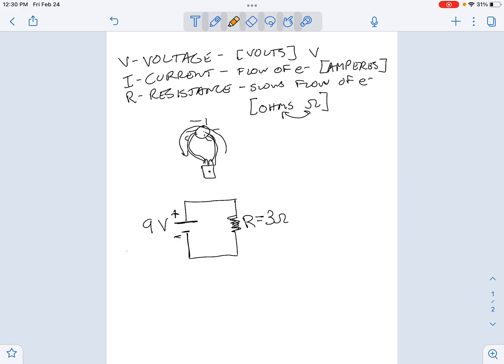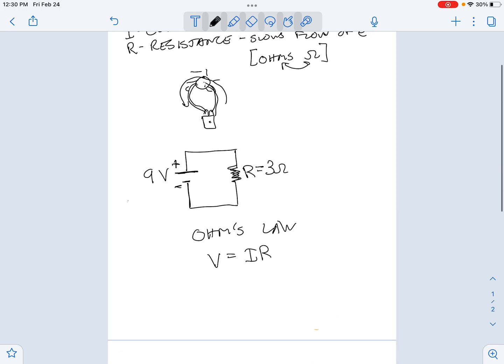Now, we're going to use one equation a lot, and that equation is called Ohm's law. That equation is V equals I times R. Remember, V stands for voltage, I stands for current, and R stands for resistance. So we have our 9 volts. If we wanted to solve for current in this system, we know the voltage, so that's 9.